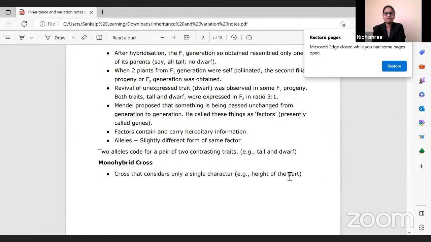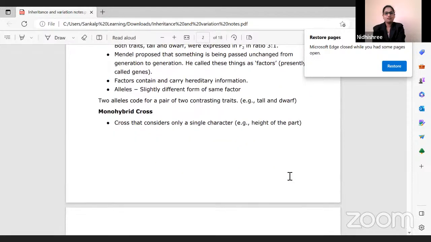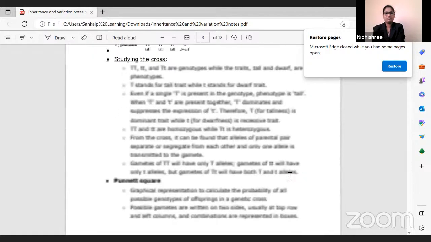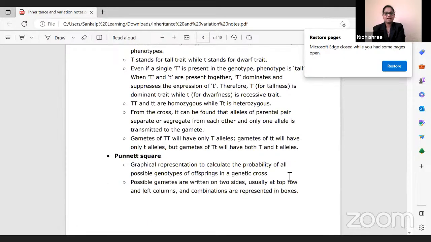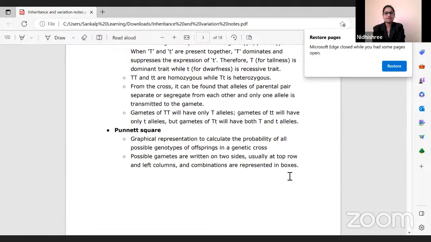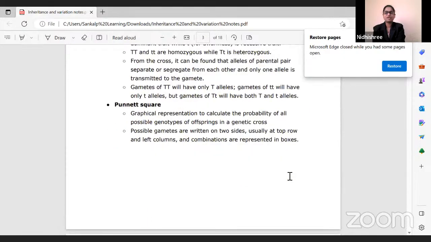Then after that, monohybrid cross we should focus on. Then Punnett square. What do you mean by Punnett square? Graphical representation to calculate the probability of all possible genotypes of offspring. Phenotype we know as soon as we see the physical character. But to know the genotype, we should make use of Punnett square.